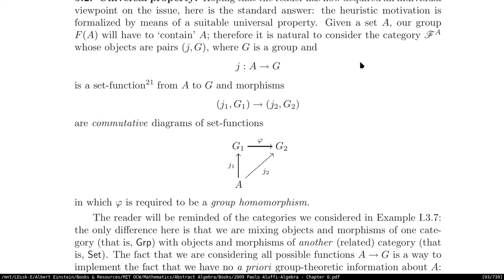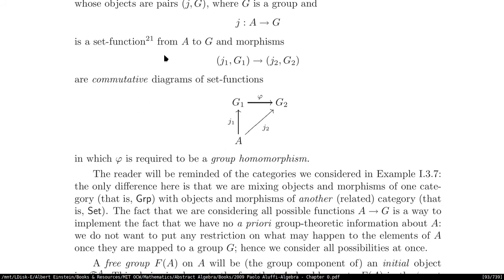So you have G1 to G2, which will be a group homomorphism, phi, for this to commute, and you have j2 and j1 going from A as these functions, right? This helps us think about groups in general as objects of a category.